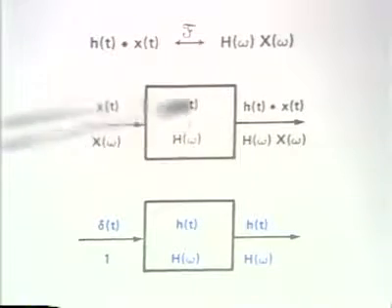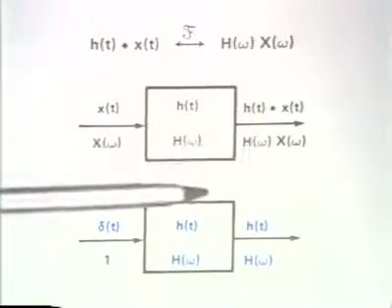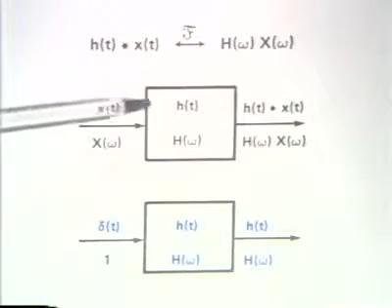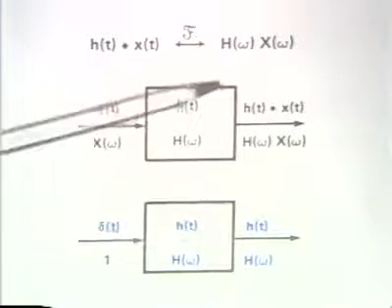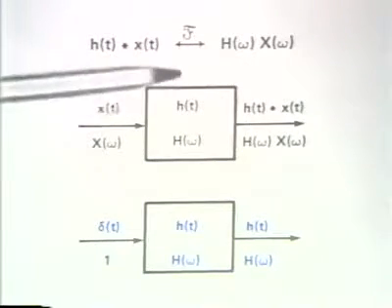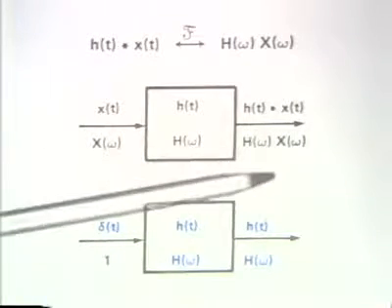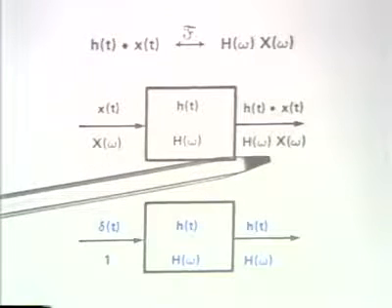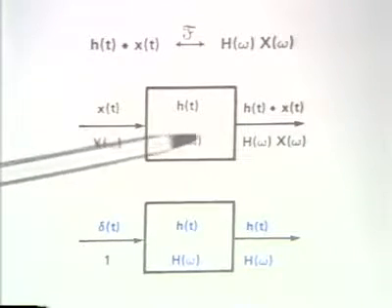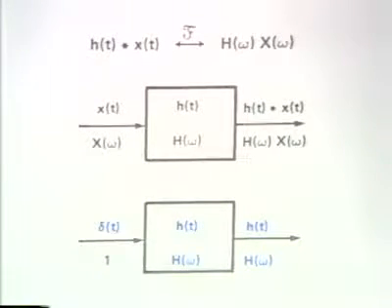So it says, for example, that if I have a linear time invariant system with an input x of t and an impulse response h of t, and the output, of course, being the convolution, then in the frequency domain, the Fourier transform of the output is the Fourier transform of the input times the Fourier transform of the impulse response.